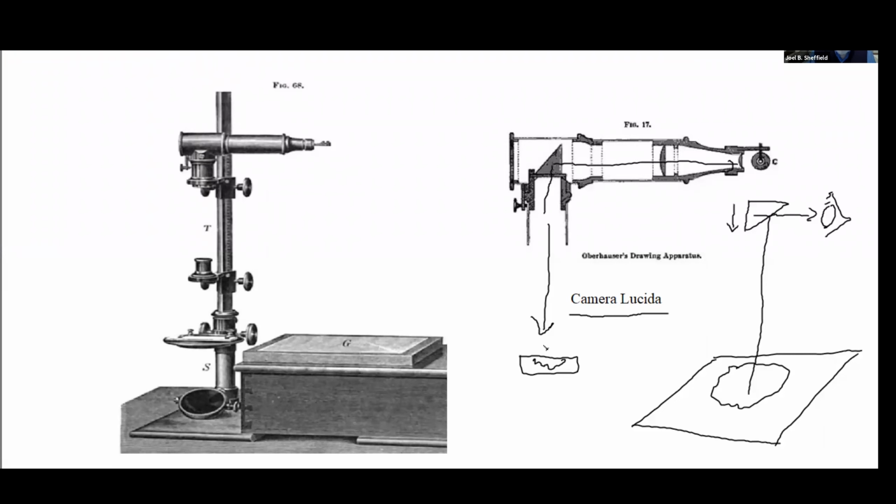Now, the story is then that what His would do is take a series of sections, one after another, like this, and look at them one after another with the camera lucida, and on the same piece of paper, keeping the magnification constant, draw what he saw on the next slice.